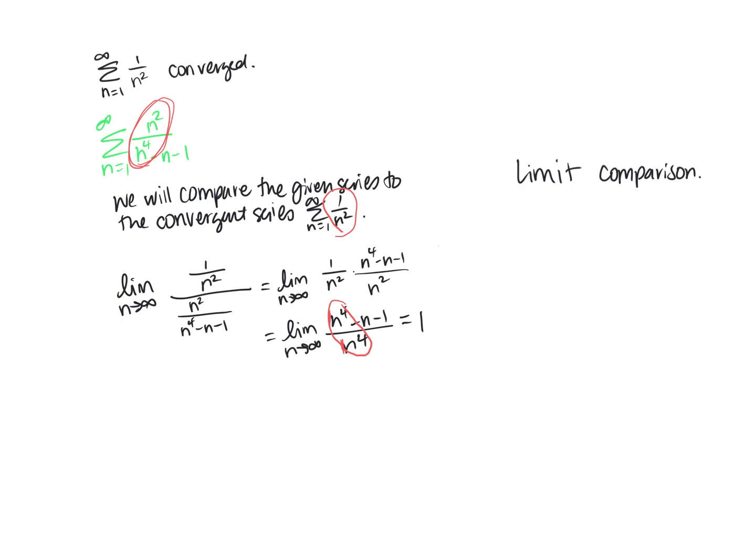And so since that is a finite number, that tells me that this ratio of the two eventually becomes 1. In other words, as n gets bigger and bigger, these two series are going to act more and more alike. And so when I get a finite number from this limit comparison, that is telling me that the series are going to behave the same.